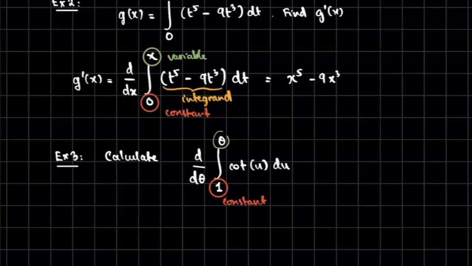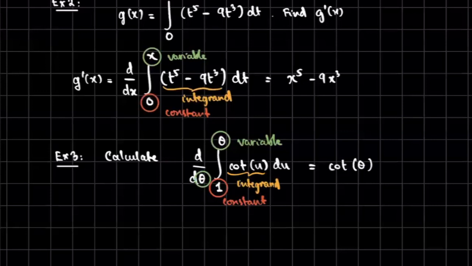The upper limit of integration is the variable, where the variable is the same with, in this case, g of theta or g prime of theta, and also the derivative, the variable where you want to take the derivative on. Okay. And everything agrees with one another. And this is the integrand. Therefore, the answer should be just cotangent of theta. So you see, for this one, so far 3 examples, everything agrees with one another when we do the analysis.